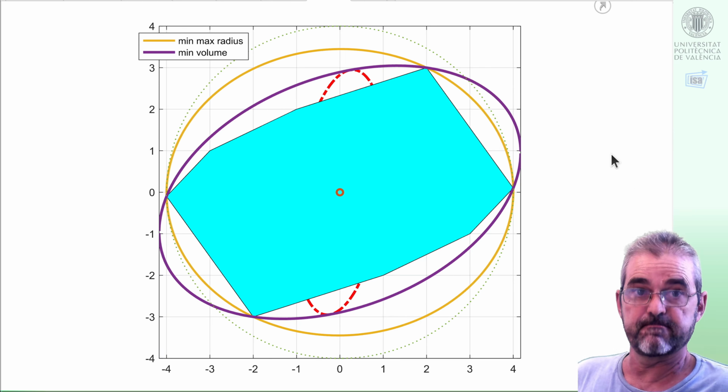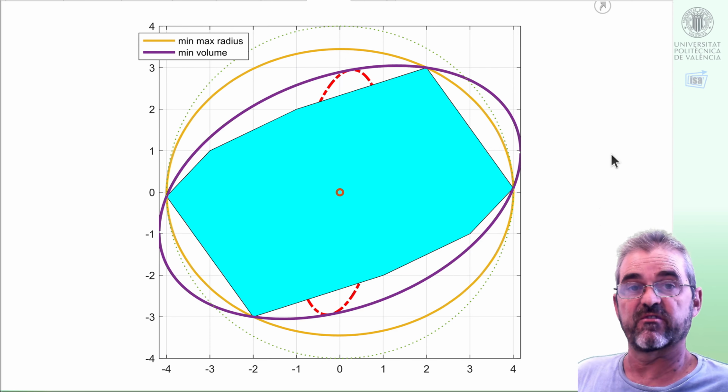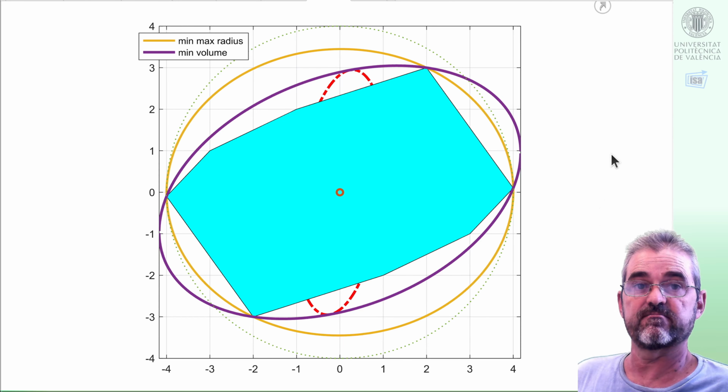So we end here. In this video, we have discussed some refinements to the smallest circle problem that we discussed in a prior video to this one. So with the trace, we were able to push a little bit towards the inside of the circle in the minor axis of the ellipse, keeping the major axis as small as possible.